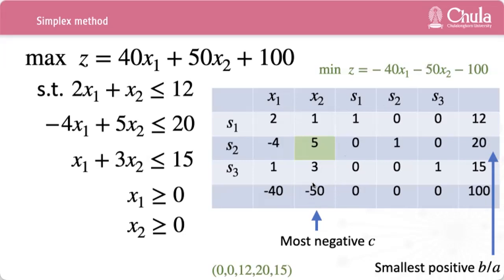So if x2 changes from 0 to 1, the objective function will be decreased by 50. But in case of x1, of course, if we allow x1 to change the value from 0 to 1, the objective function can decrease by 40.